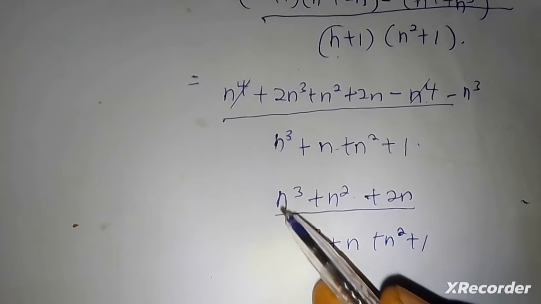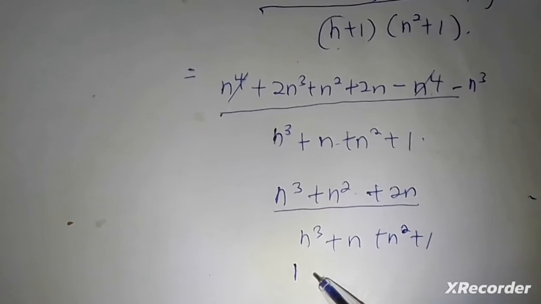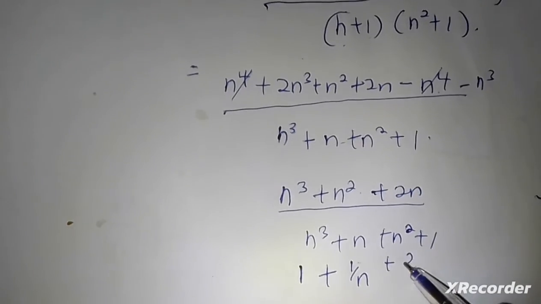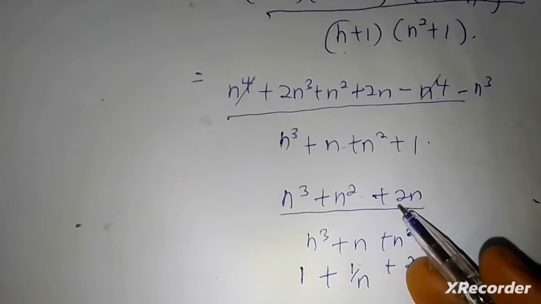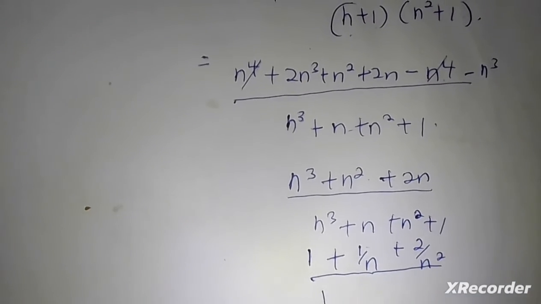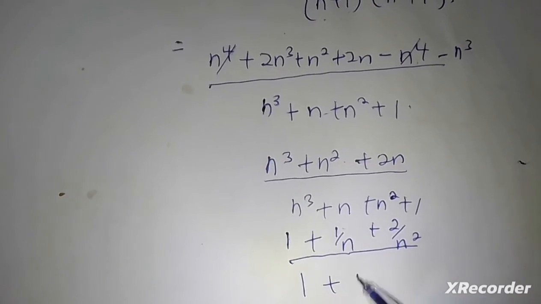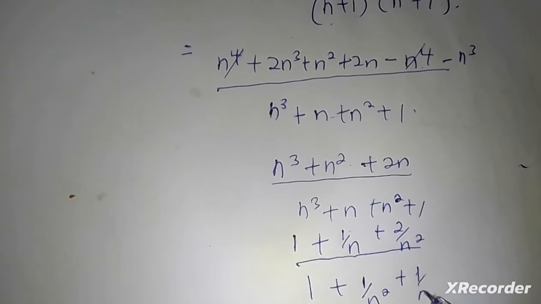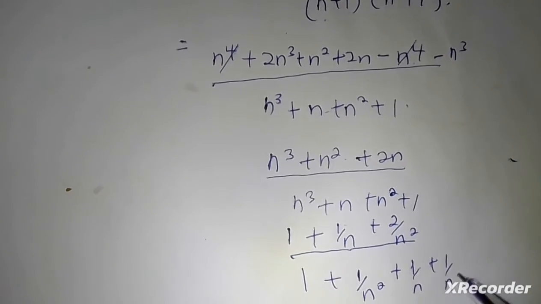So dividing through by n cubed, here will be 1 plus 1 over n plus 2 over n squared, that is I'm dividing through by n cubed, all over 1 plus 1 over n squared plus 1 over n then plus 1 over n cubed.